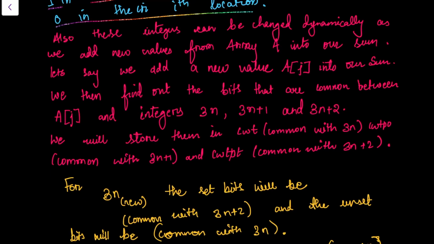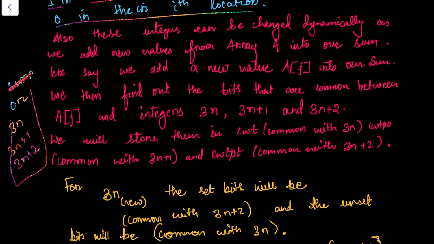So again, at any given point of time, if I do OR of 3n plus 1 and 3n plus 2, what should I get? That's a question you should answer. It's not directly relevant to this question, but I think it should be understood.